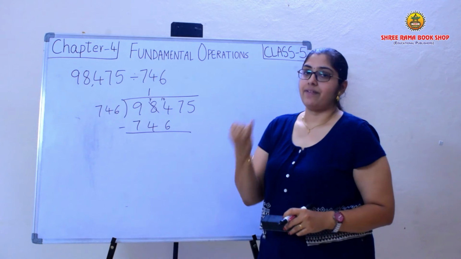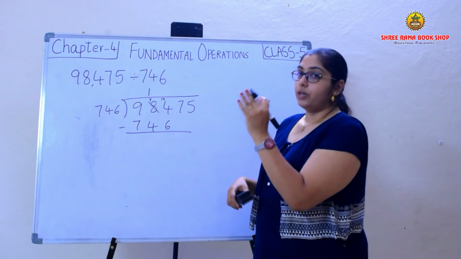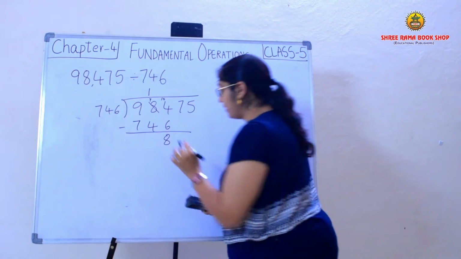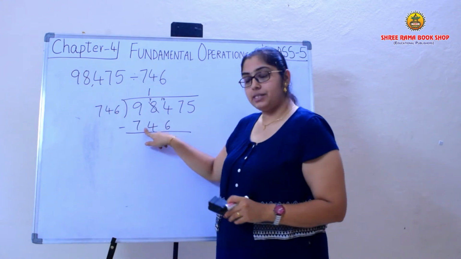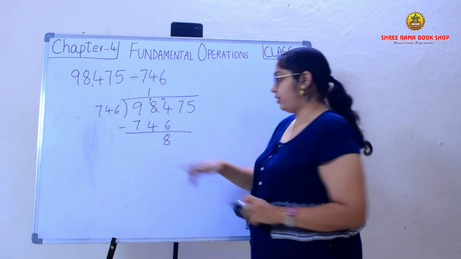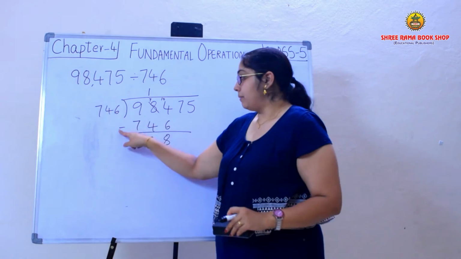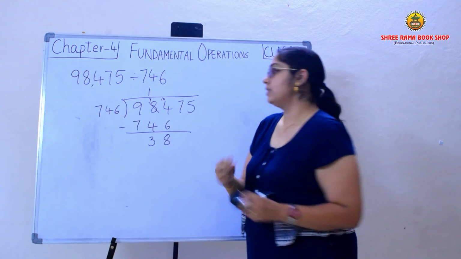After 6, 7, 8, 9, 10, 11, 12, 13, 14, right? So how much is it? 8. So the answer is 8. Now 7 minus 4, I can do it. So 7 minus 4 is how much, children? It is 3, right? So I write 3 over here. Now 9 minus 7, how much is it? After 7, 8, 9, it is 2.